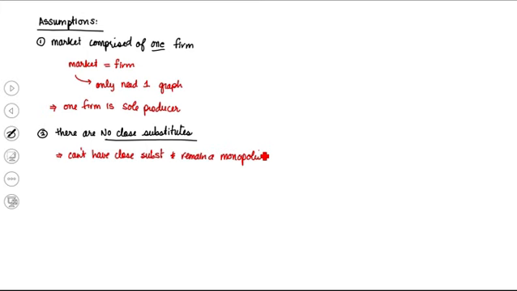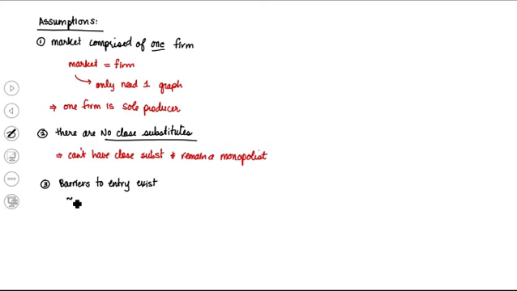Our third assumption is that we have barriers to entry. Barriers to entry exist. So we have barriers to entry.